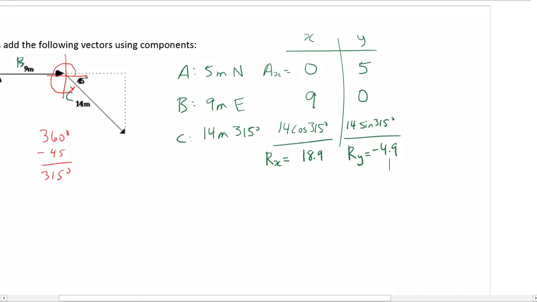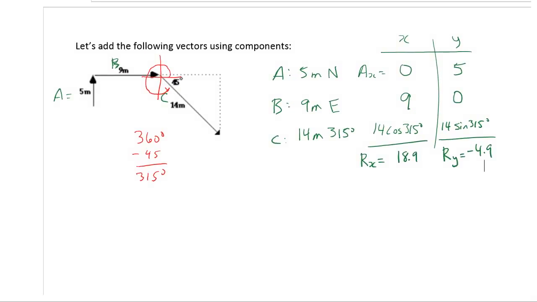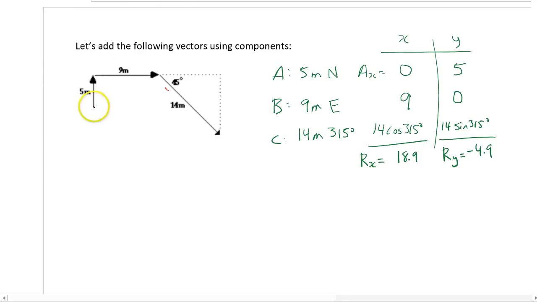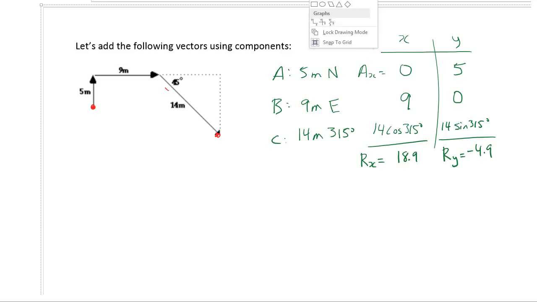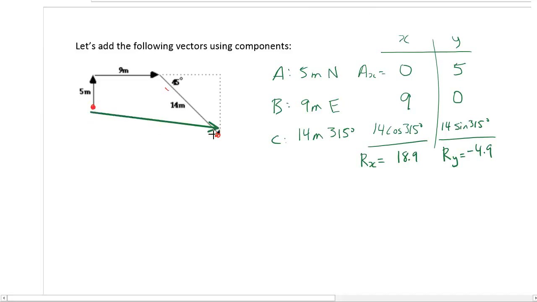Okay, so looking back at our original vector here, I'll just clean this up a little bit. Looking back at this one, the resultant is going to start here and it's going to end there. So my resultant is going to be over there, thinking about the direction.